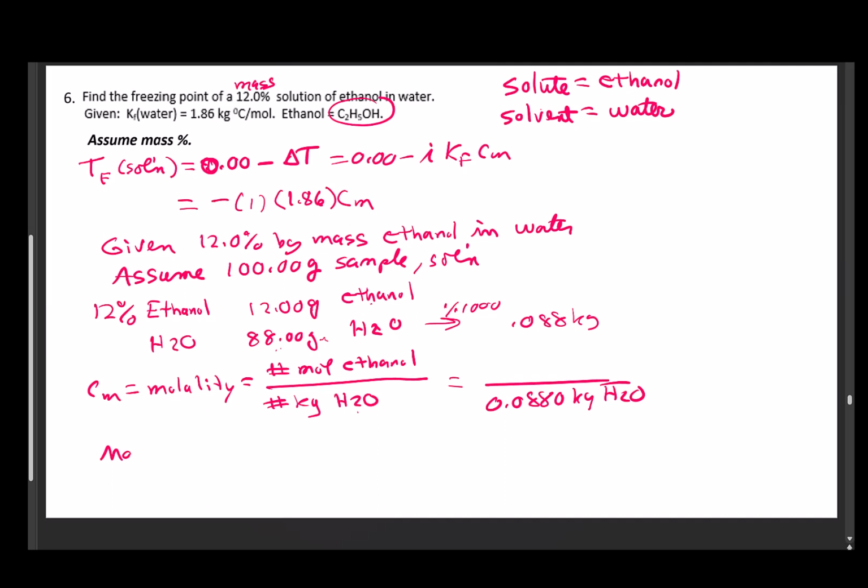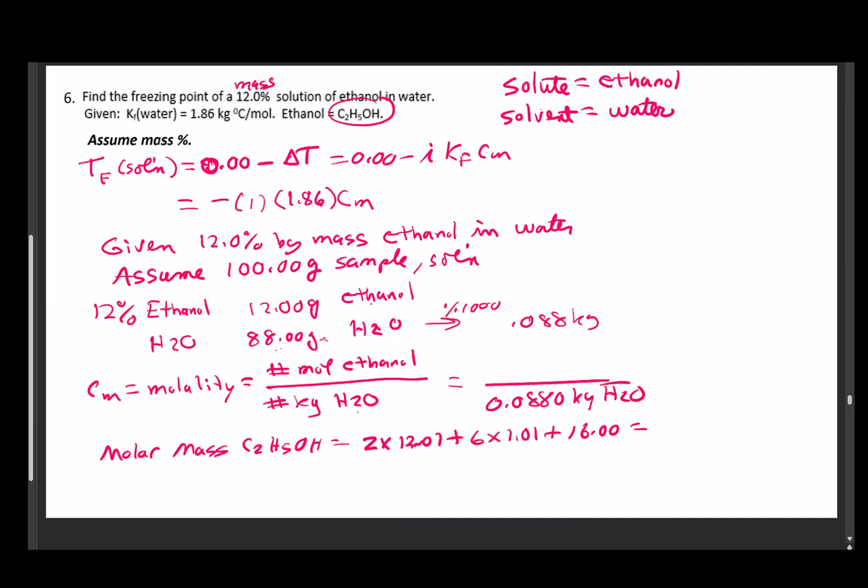The molar mass of C2H5OH is going to be 2 times 12.01 for the carbon, plus 5 plus 1, so 6 hydrogens, each with an atomic weight of 1.01, plus 1 oxygen with an atomic weight of 16.